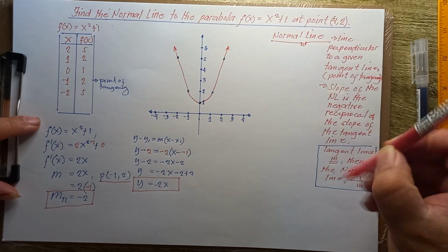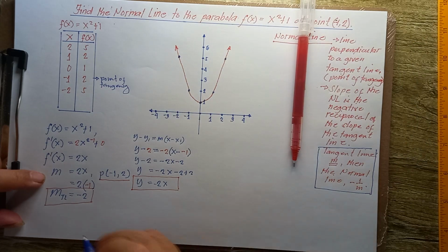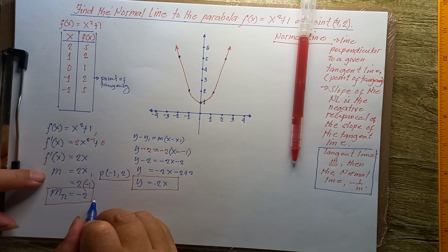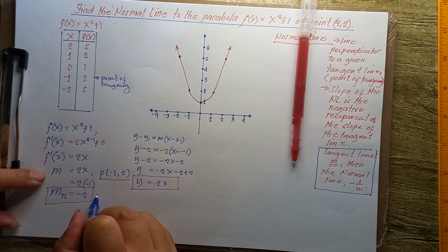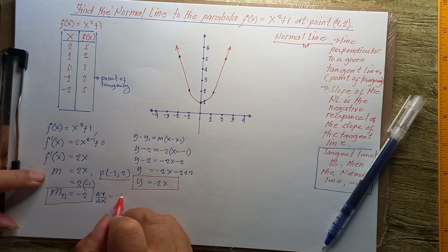So from the point of tangency, if our slope is negative, meaning to say the denominator of our slope is 1, okay? So the slope is actually the change of y over the change of x, so that with that, our slope now is negative 2, and our change of y is negative 2, and the change of x is 1.